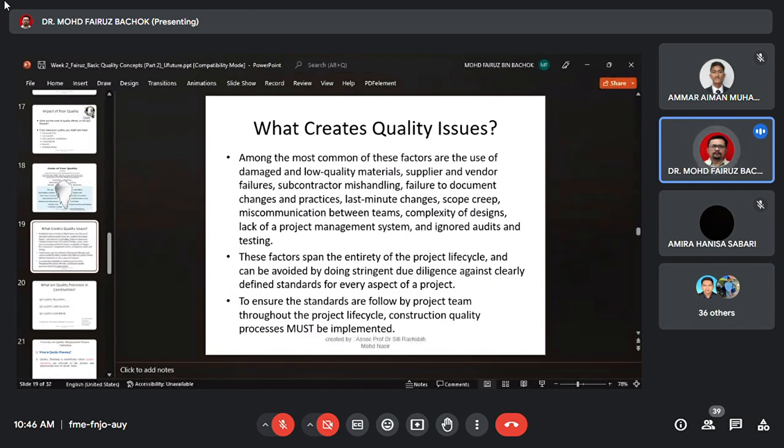This is what happened at UiTM Sabah, okay, in the early 2000s, when they built a hostel building, supposed to stand for over 30 years, but there were cracks all over the building, showing the failure of the life cycle. What created that quality issue is the use of low quality material.